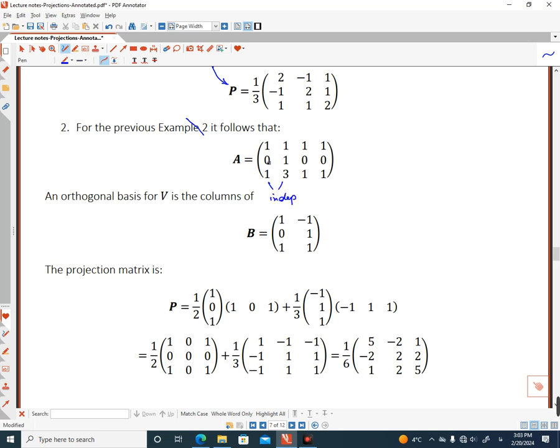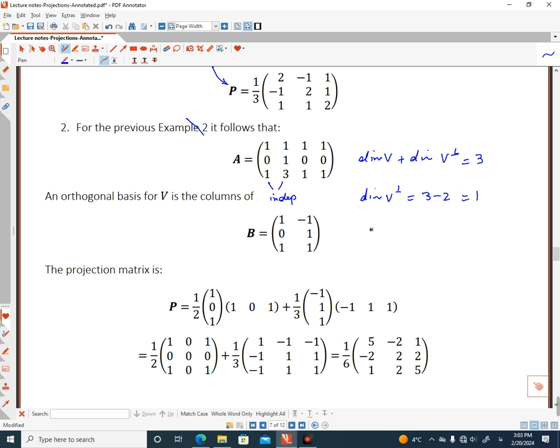It means that the inner product is equal to 0. So I can write the dimension of V plus the dimension of the orthogonal space as the number of rows, which is equal to 3.